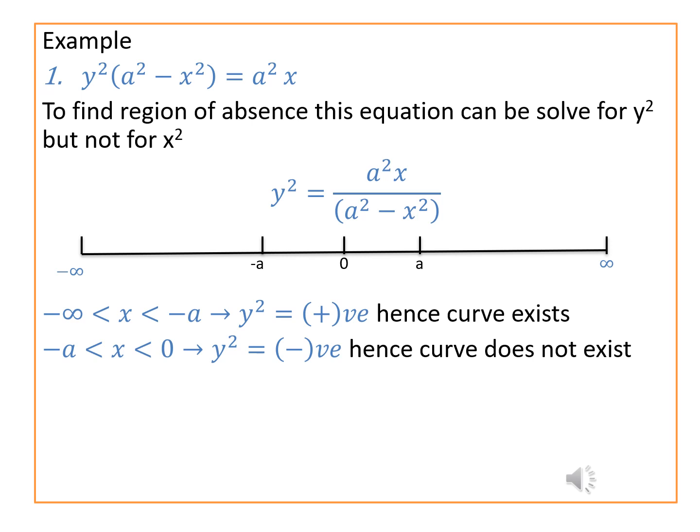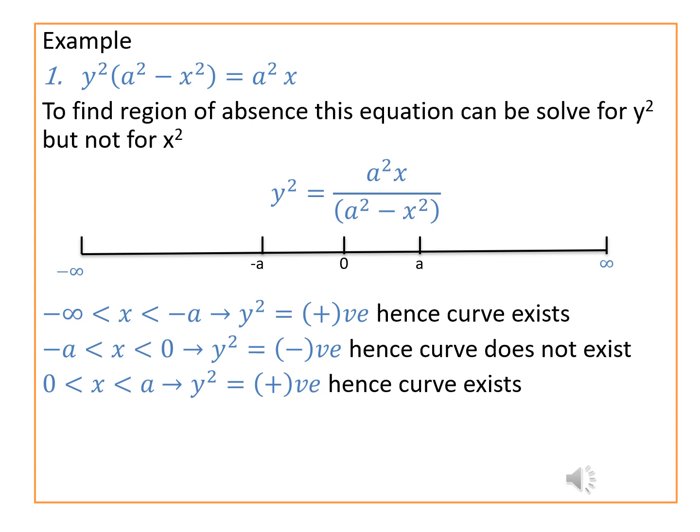Now take the third part, that is 0 to a. Written mathematically, it is 0 less than x less than a. X is positive, but it is strictly less than a. Now if x is positive, then a square x is positive. A square minus x square, because x is strictly less than a, is also positive. Positive upon positive means your y square is positive, so the curve exists.